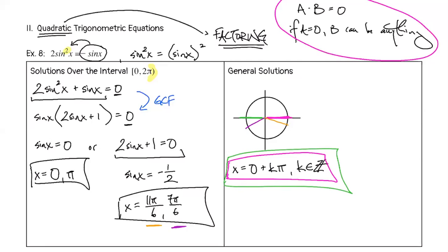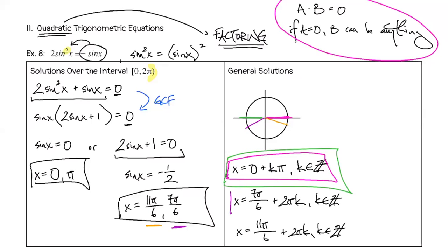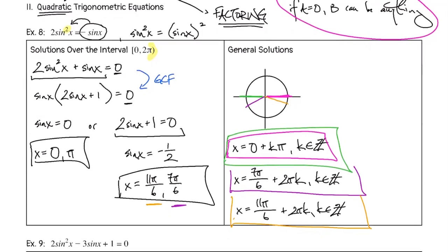Okay, but the other two, because there's not such a clear-cut pattern, I have to write them as one solution and then the other. So purple and orange. Okay. Does that kind of make sense there, folks? Why we're able to write two of them in the same solution, but the other two we can't?